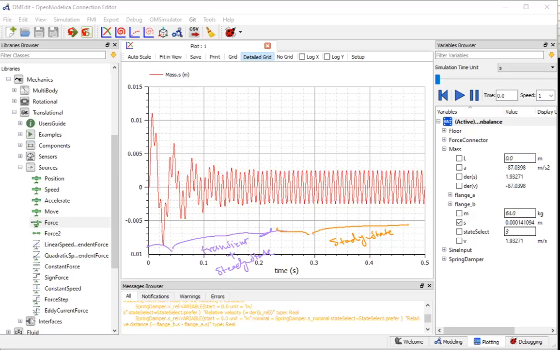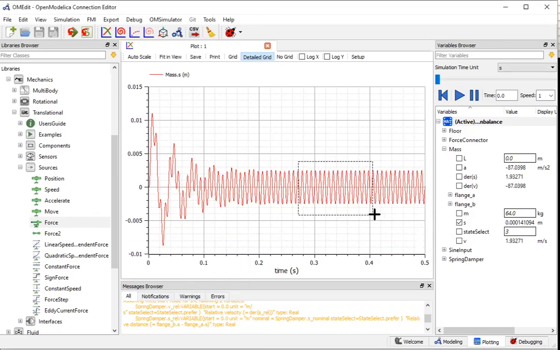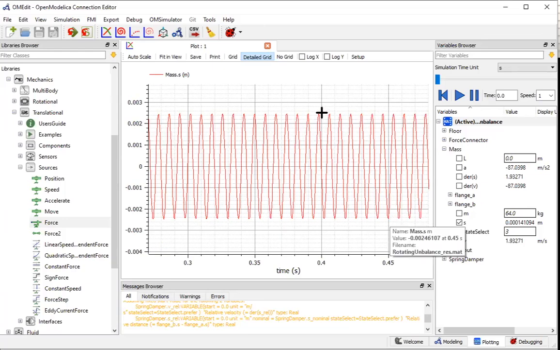Now, if I zoom in a little bit on this, let's zoom in somewhere there, maybe somewhere here. Now, if you see the value we're getting, it's very close to what we got from our calculation. This is in meters.